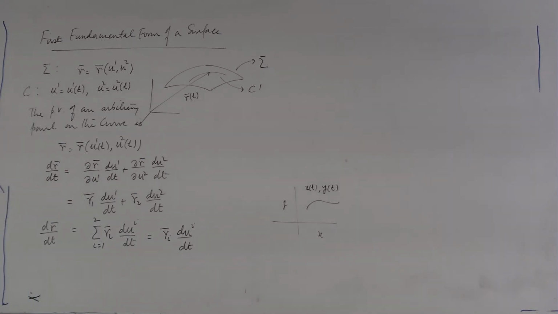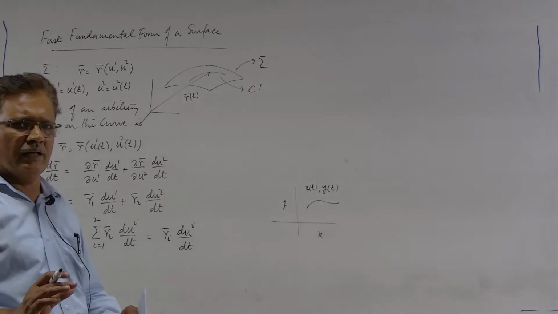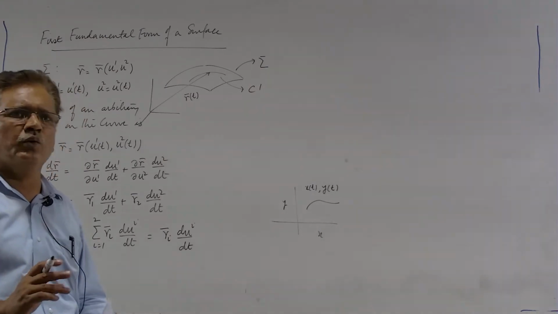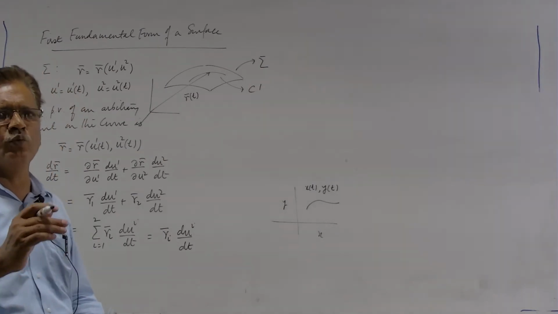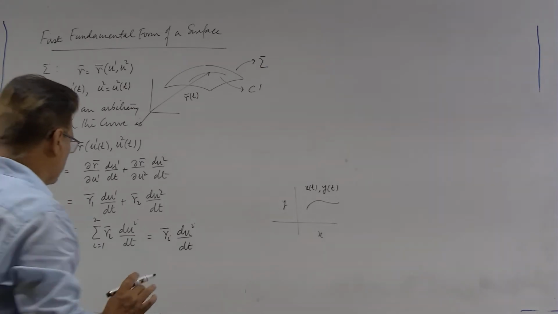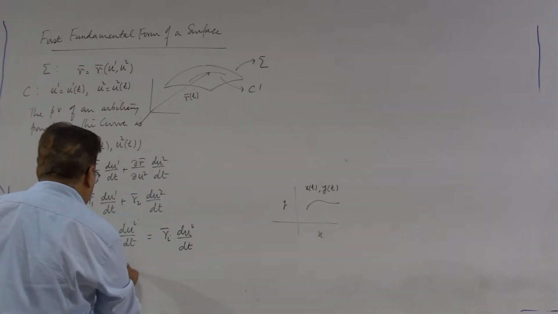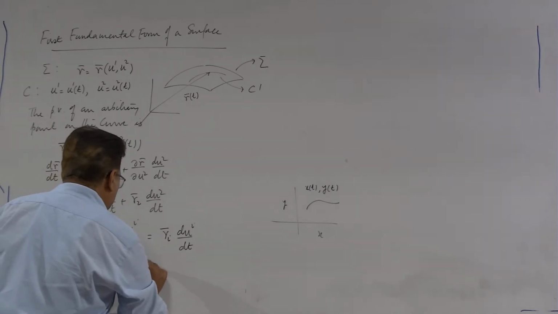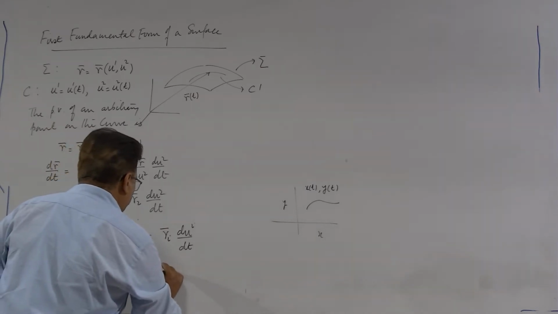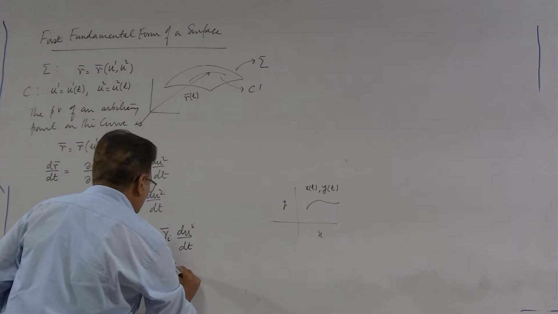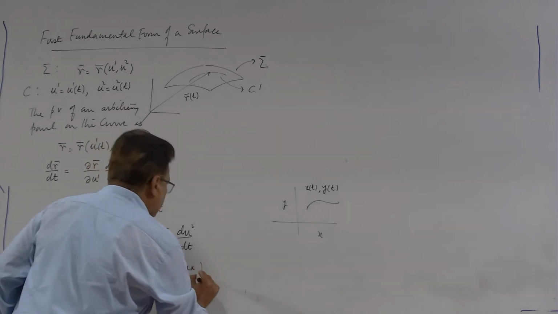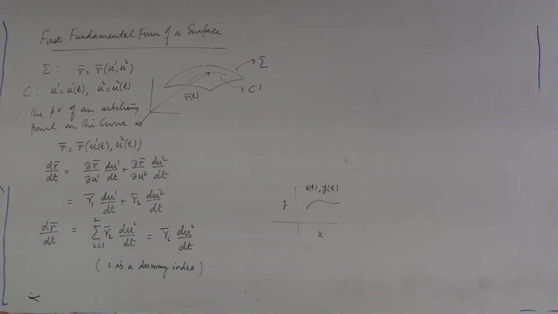So, a repeating index will be considered as an index which is running over a summation i equal to 1 to 2. So, in this case we say that i is a dummy index. This is the Einstein summation convention.